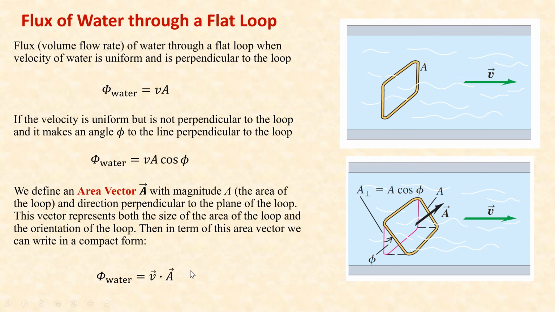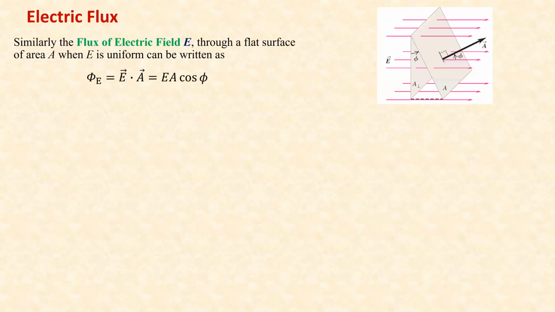And for the electric field it is exactly the same. Similarly, the flux of electric field E through a flat surface of area A, when E is uniform, can be written as the flux of electric field equal to E dot A. That is E times A times cosine of phi again.